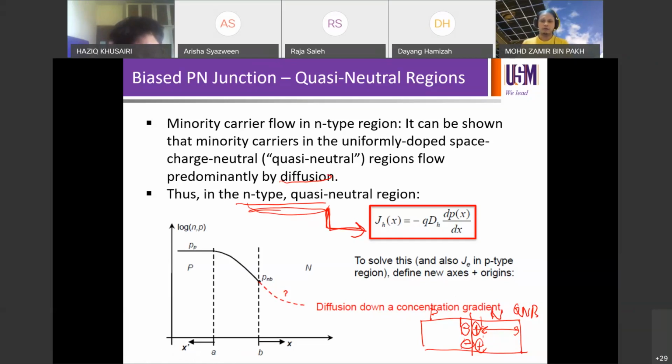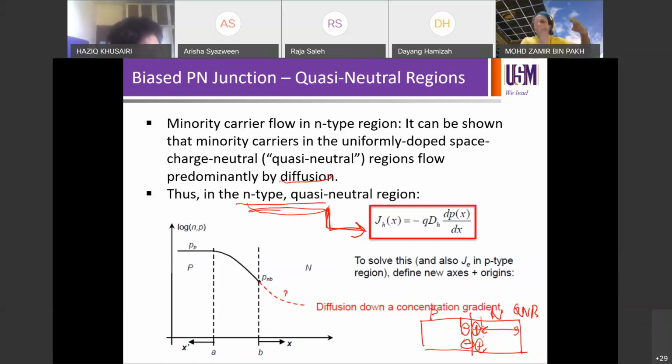How do we end up with diffusion in the first place? Let's take one step back, two steps back. Before that, why diffusion? Okay, concentration gradient. But what forced the diffusion at this point? What forced the diffusion of carriers at this point?